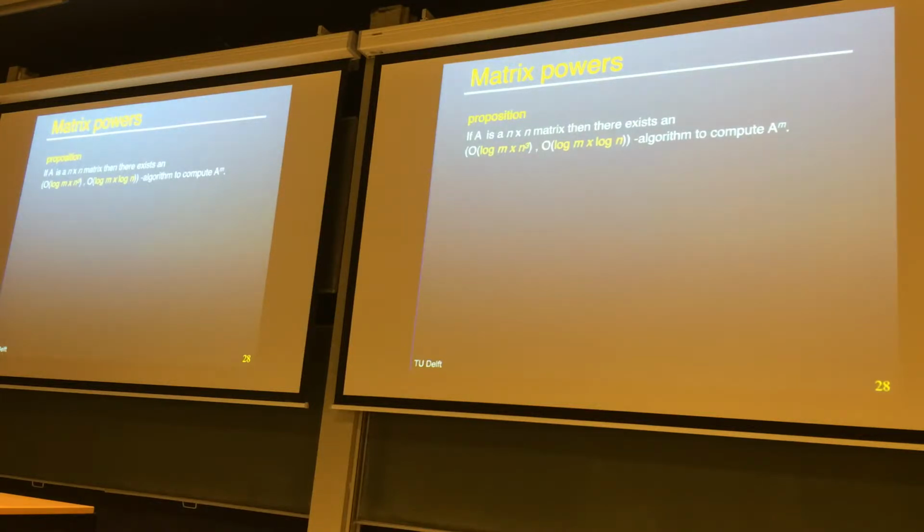Suppose now that we don't have 2 arbitrary matrices to compute the multiplication of, but we have to find the power of a matrix, A to the power n. Well, we can do that in log n times n to the power 3 amount of work, and log n times log n amount of time.